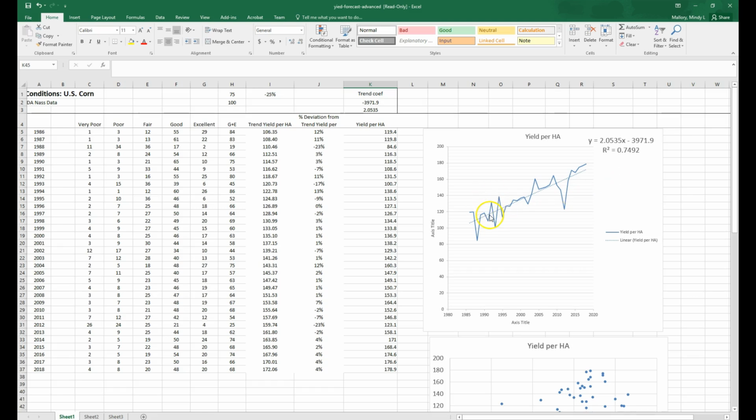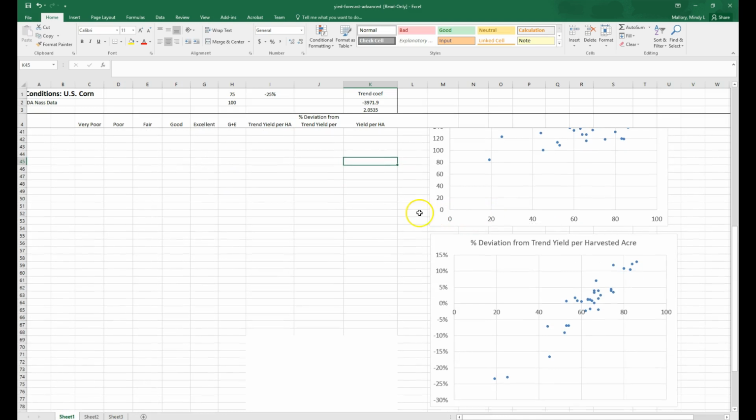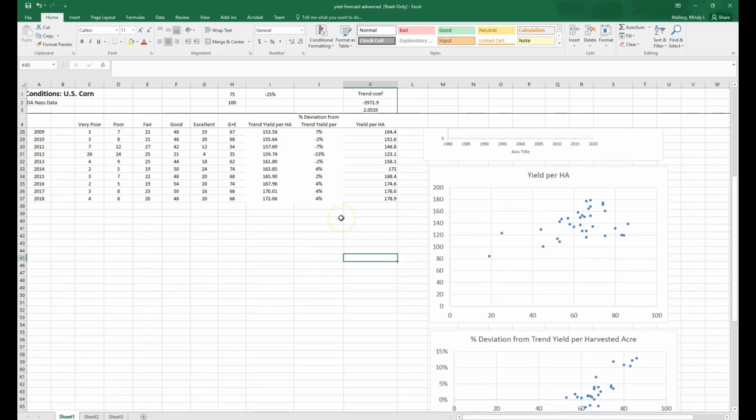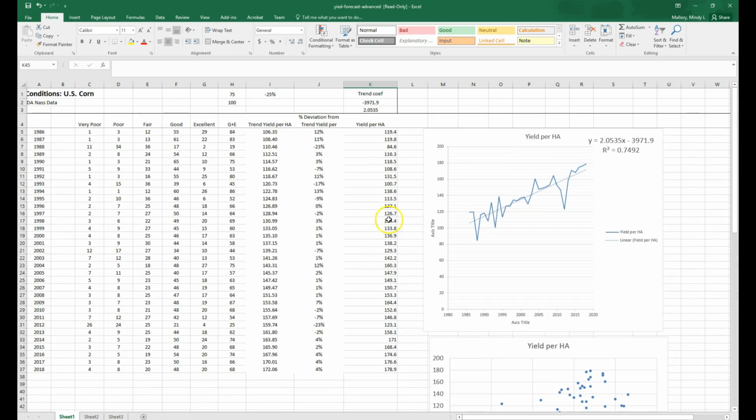So it's clearly not normal. Doing the percent deviation from trend yield doesn't fix that 100%, but it makes it a little less pronounced than what we have here.